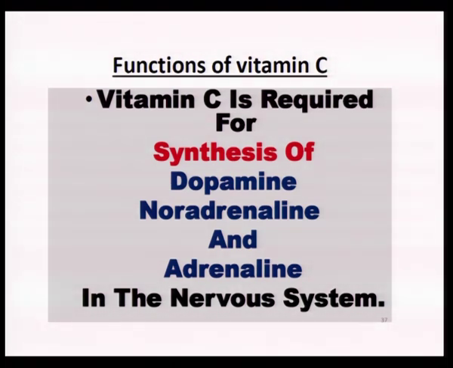Now one more point to mention. If you recollect, sometime before we have looked at how vitamins can also play an essential role in the synthesis of neurotransmitters. So what are neurotransmitters? Neurotransmitters are chemical messengers between neurons for chemical transmission of impulses.